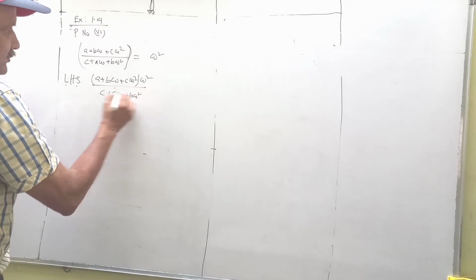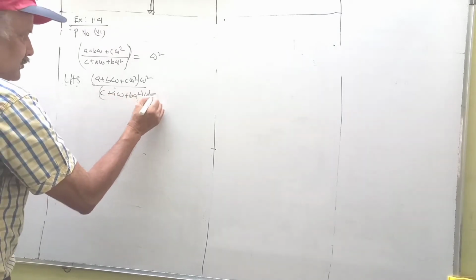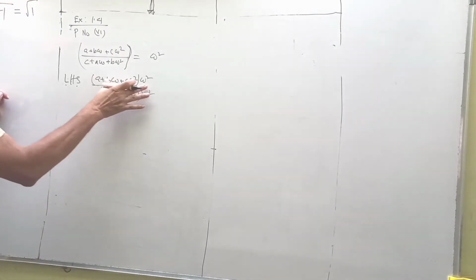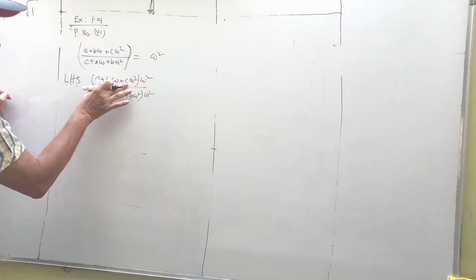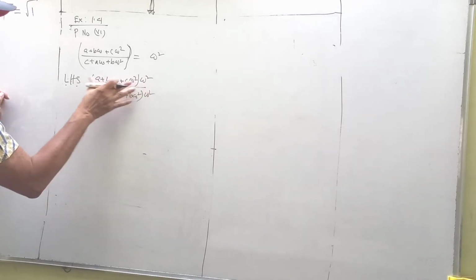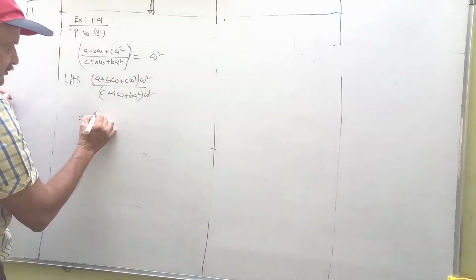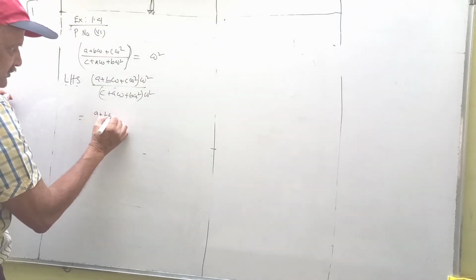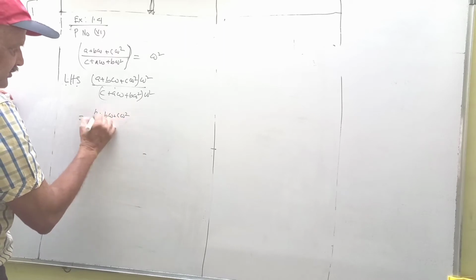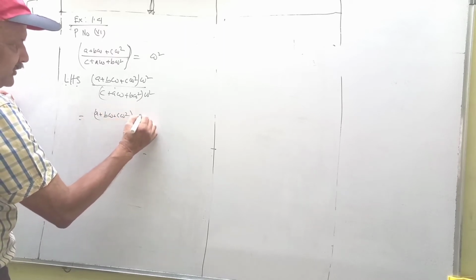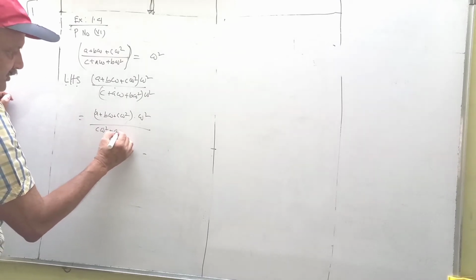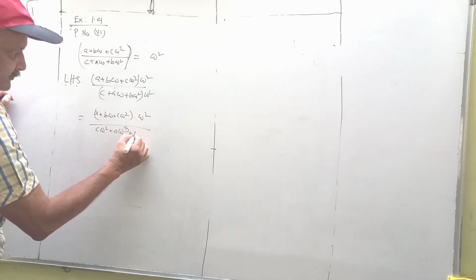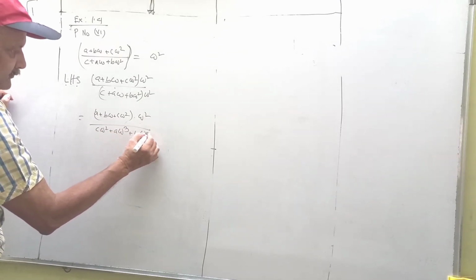Now keep the numerator ω² as it is, and I cannot do anything with this block. So for the denominator: cω² into ω² gives cω⁴, aω³, bω⁴.